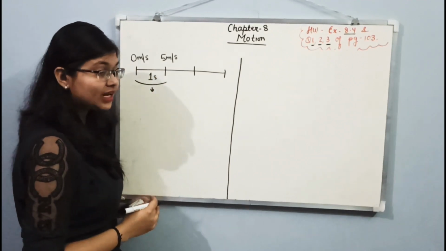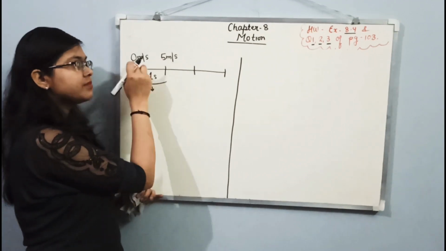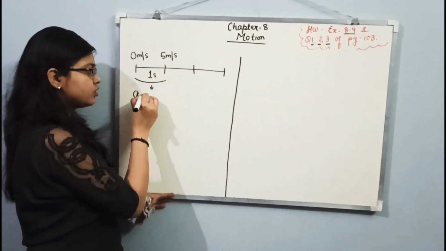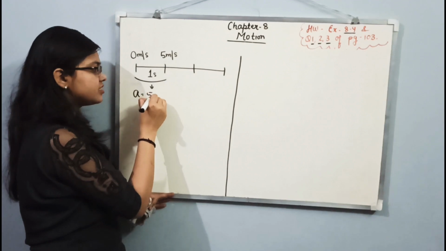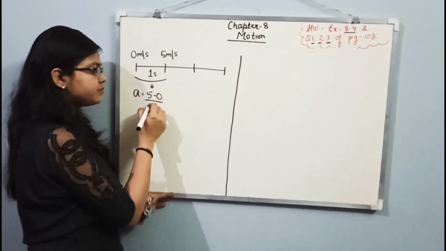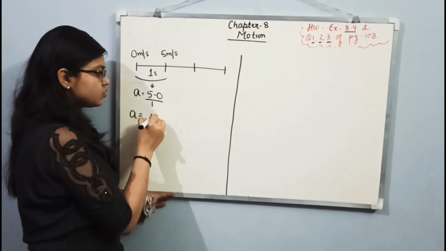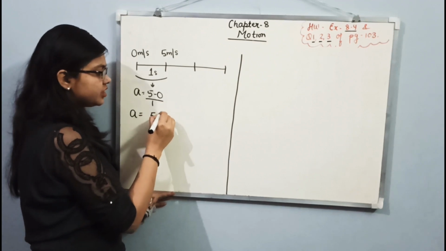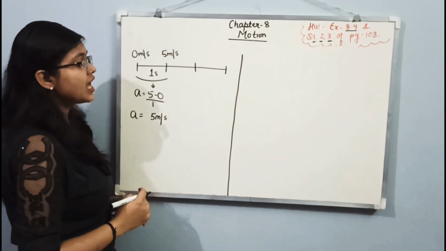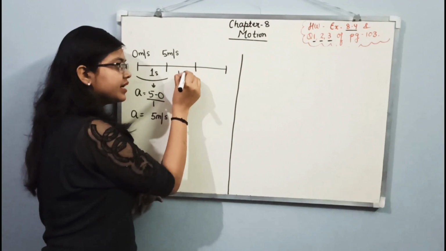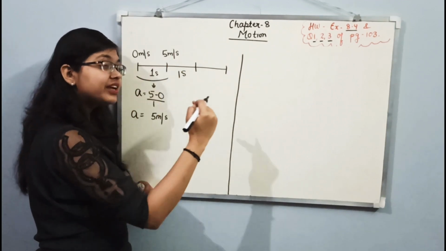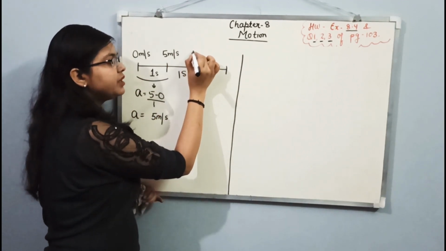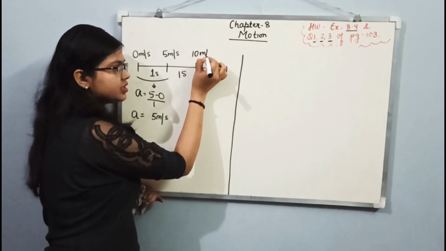It's very easy to calculate. Final velocity minus initial velocity. So it will be 5 minus 0 upon time taken. So a is equal to 5 meter per second square. Now after 1 second, it again increased its speed and it became 10 meter per second.